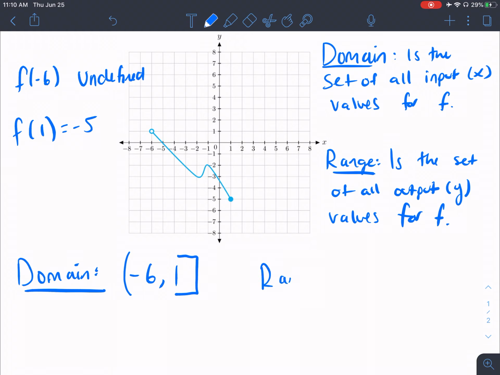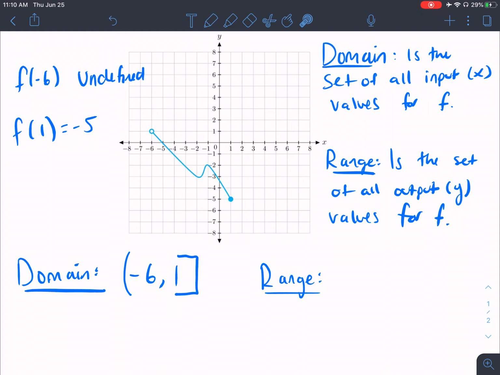Now for range, it's a similar story, but you're looking at the y values, and you also want to go in increasing order. So I want to look at my y values on my y-axis from smallest to greatest. Notice that, for example, there is no point with a y value of -7 on my graph, so it is not an output value of my function.